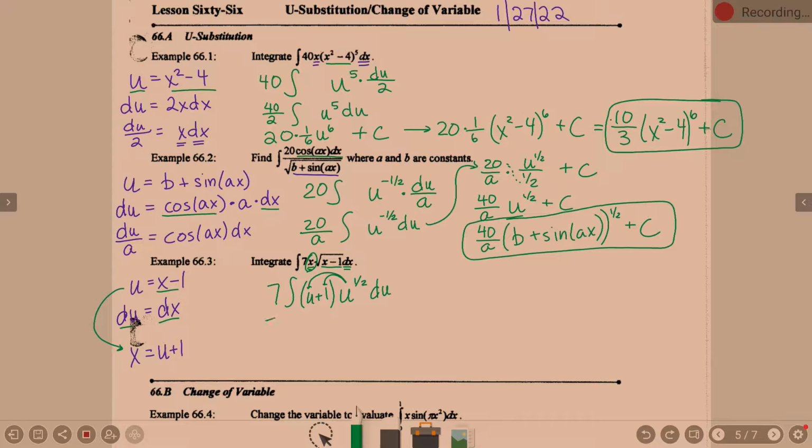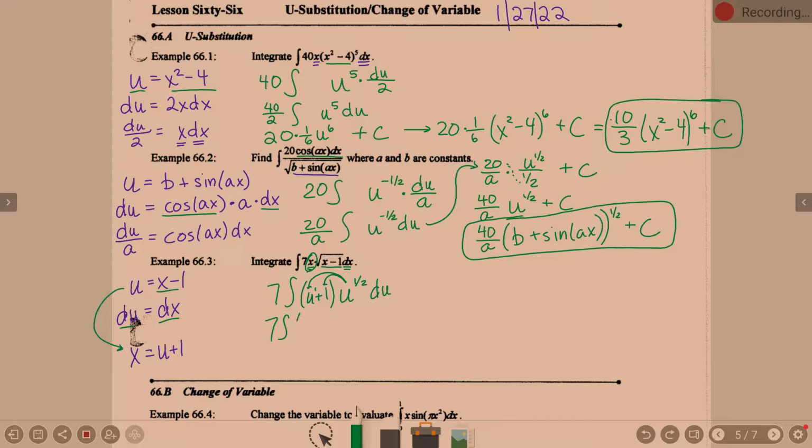So keeping my 7 out front, what is u times u to the 1/2? u to the 3/2, because this u is a u to the first. u to the first times u to the 1/2. You keep the base of u and add the exponents, right?